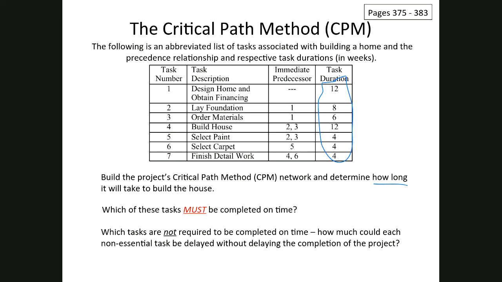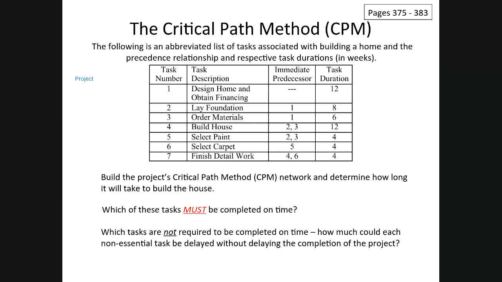All right. At this point, I want to clarify again a little bit of the terminology. The term project is the overall completion of all of the tasks. All of the tasks required in the project.